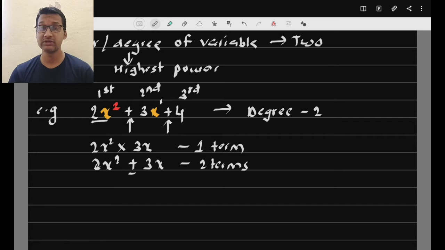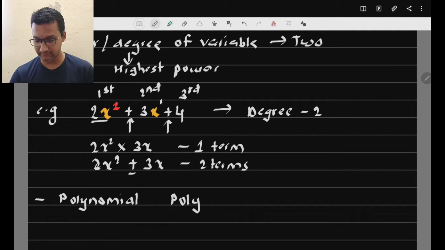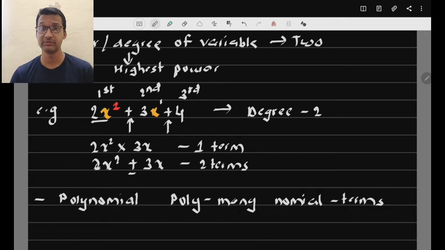Now this is what a quadratic equation is. A quadratic equation is also a polynomial. Poly means many, and nomial means terms. So polynomial means many terms.